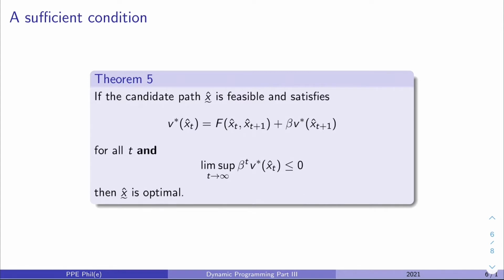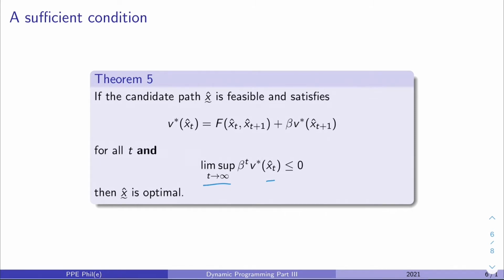But just look out here, the growth condition is a little bit different. It's the lim sup condition, which is more general than the simple limit and always exists. And now this doesn't have to hold for all feasible paths, but only for the candidate path.